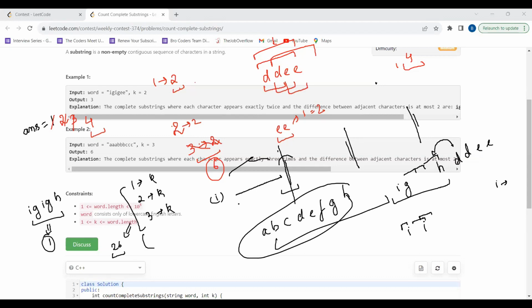Okay. So if this approach is clear, see, it's a very good problem. Only 500 people were able to solve this problem. So it will be very good if you try implementing this on your own. If you face any problem, take a hint from the recording of this lecture, and then try solving on your own.